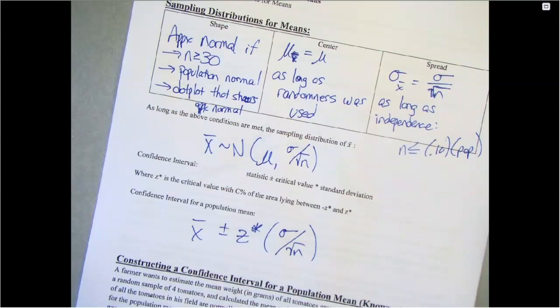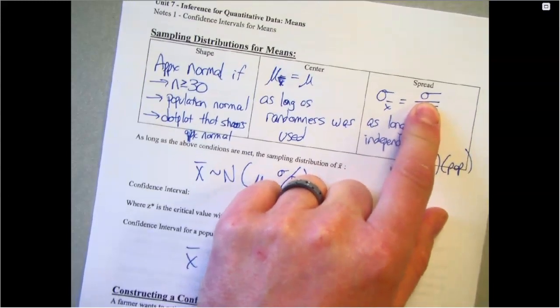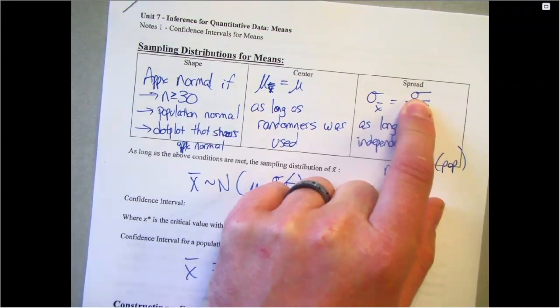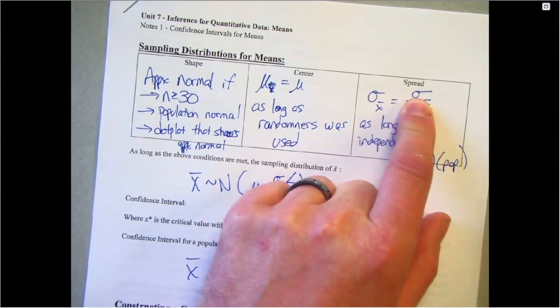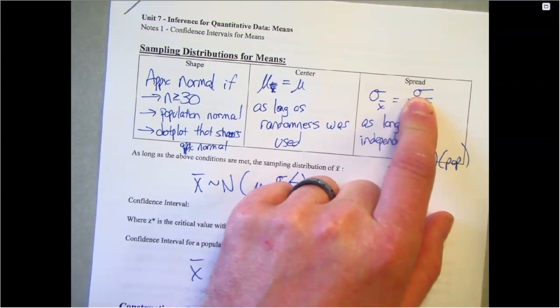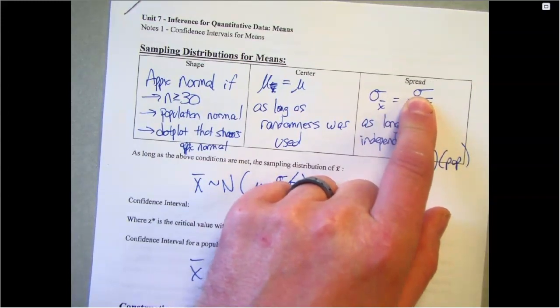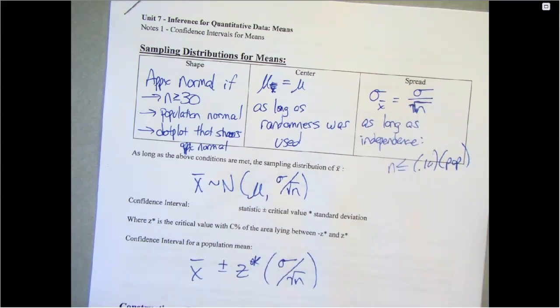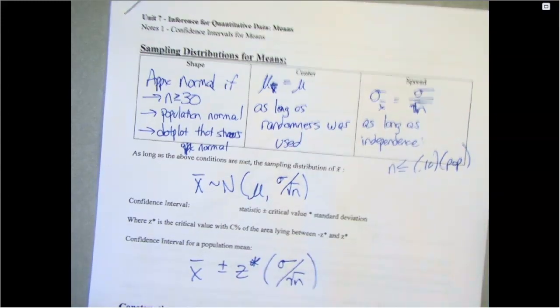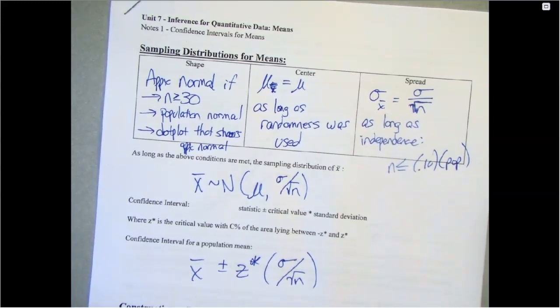If I know the population standard deviation, the standard deviation of every student in the school, I have to know the mean of the population. That's the only way I can get the population standard deviation. And what I'm saying is let's do this procedure that tries to estimate the mean of the population. But I just told you we already know. Isn't that weird?